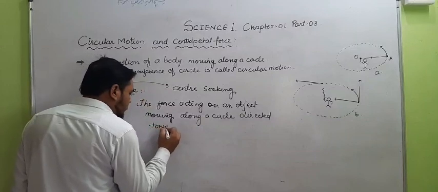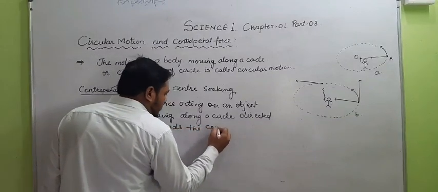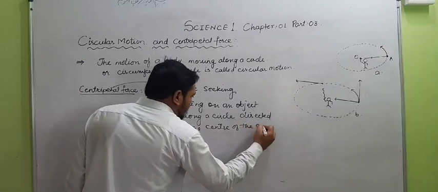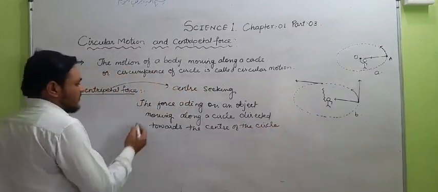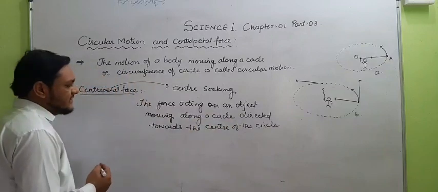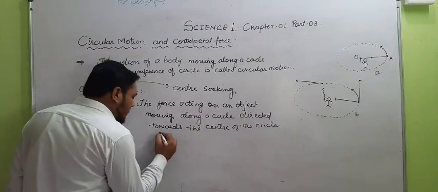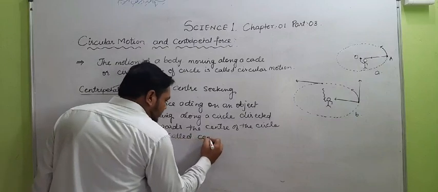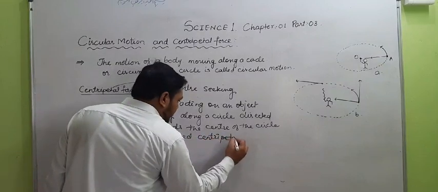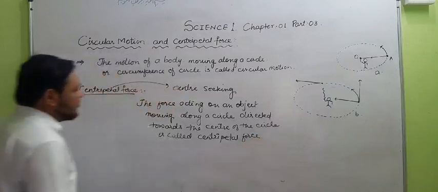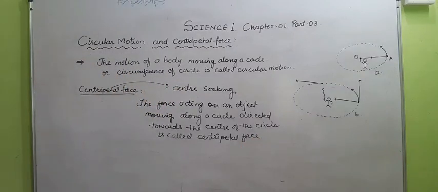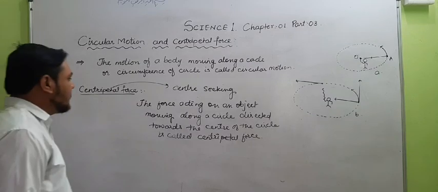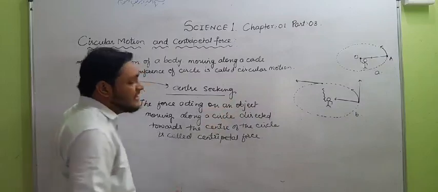The force acting on an object moving along a circle, directed towards the center of the circle, is called centripetal force. So students, note this definition. The force acting on an object moving along a circle and directed towards the center of the circle is called centripetal force. And the meaning of centripetal is center seeking, which means it is a center seeking force.